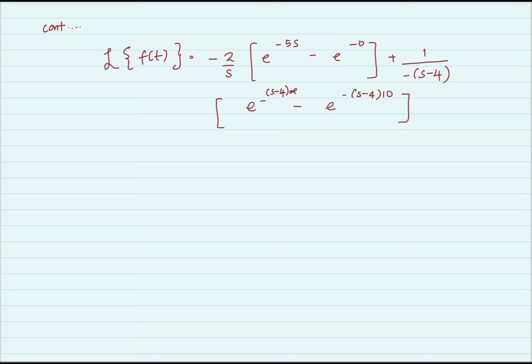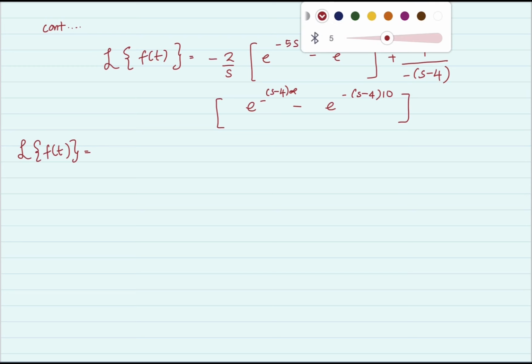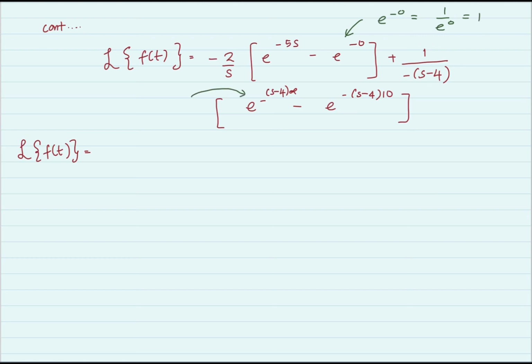So I make it here, the Laplace transform of f(t) becomes, we know that e to the power of 0 is 1 over e to the power of 0, which is 1. And then e^(-infinity) is equal to 1 over e^infinity, which is equal to 0.